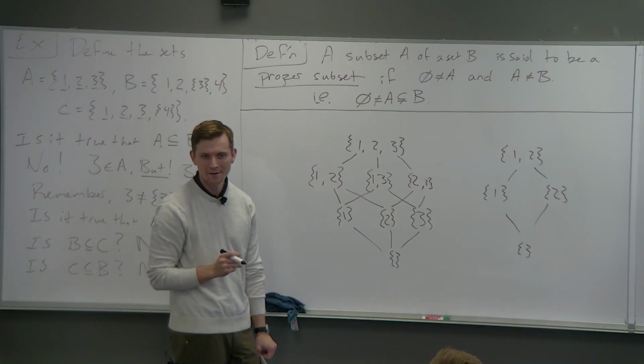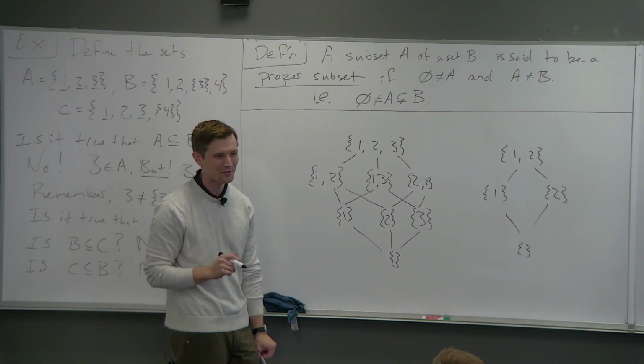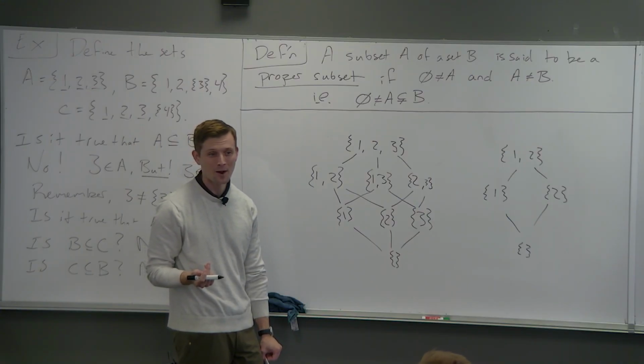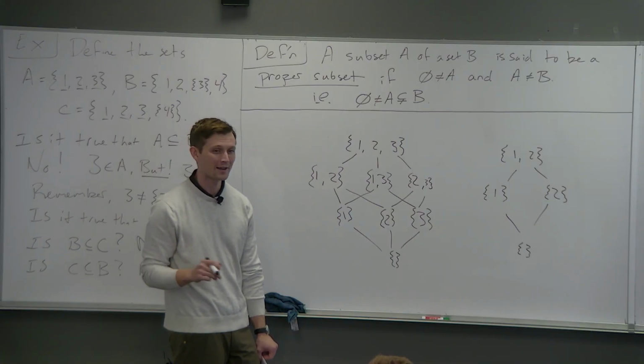What's the pattern? You don't actually have to answer this right now, but a good one to think on. Can you figure out a pattern or structure? Could you prove a little formula for yourself about how many proper subsets an n-element set has? That'd be kind of nice.